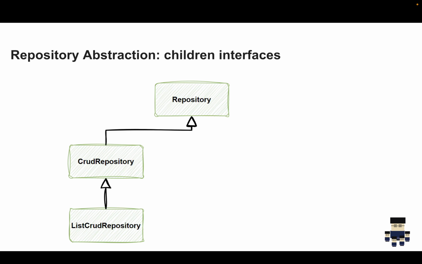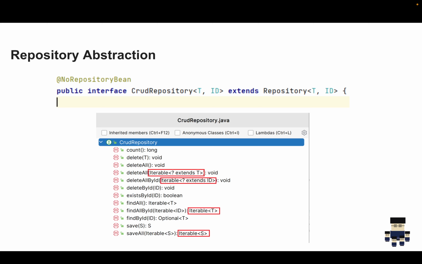Repository interface has a lot of different extensions, and the most probably known child of the repository interface is the CrudRepository interface. This interface is a NoRepositoryBean marked interface, which provides us a set of methods to make CRUD operations on our entity.